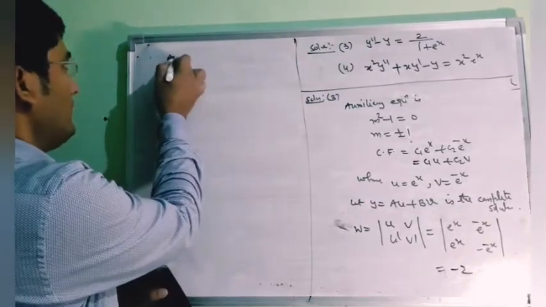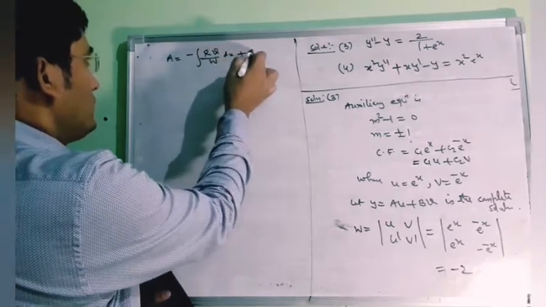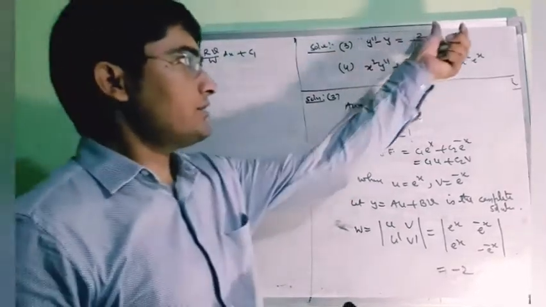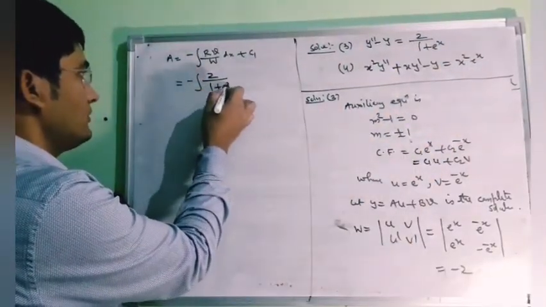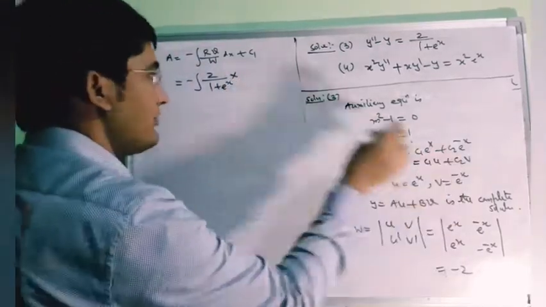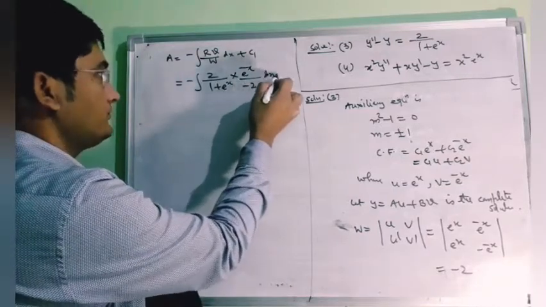Now our A will be integration of minus R into v upon W with respect to x. So minus R, R means your right hand side, that is your 2 upon 1 plus e to power x. Then your v means e to the power minus x, then W is your minus 2.